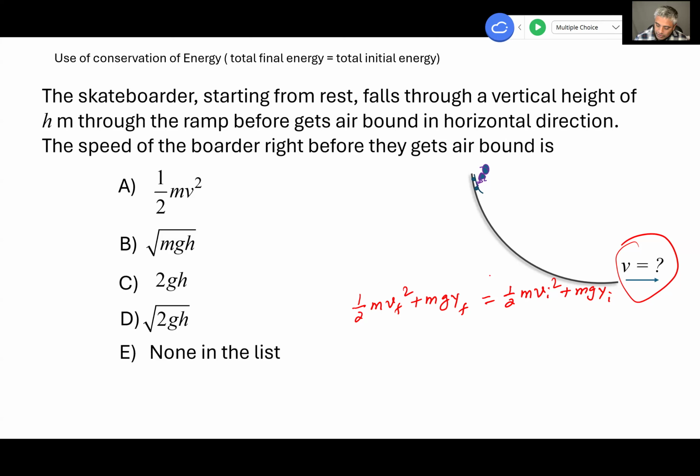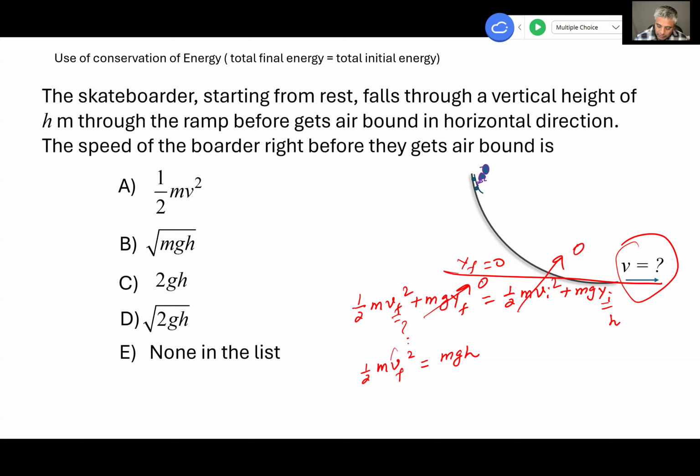Final position we said was 0 because we chose the reference there. So that's it, 0. Initial velocity is 0. And we are looking for this. yi is h. So that means half m vf squared is mgh.